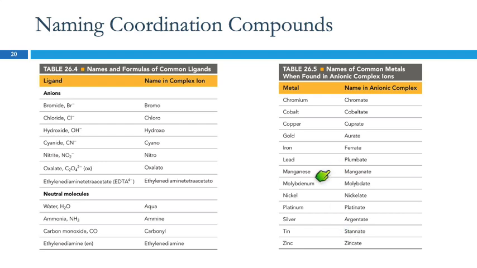Well, not all of them, but you'll see the funky named ones in here. Like lead is plumbate, because lead is plumbum. And we've got ferrate and aurate and cuprate and argentate and stannate. Those are the ones where the element symbol comes from its Latin name.